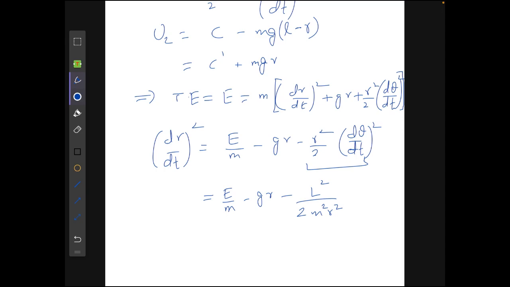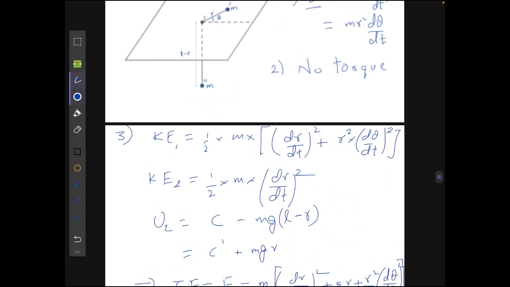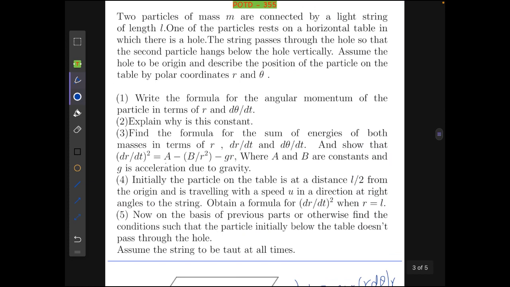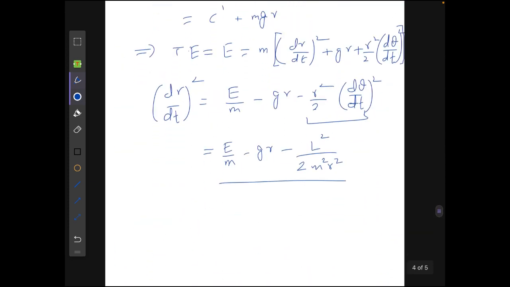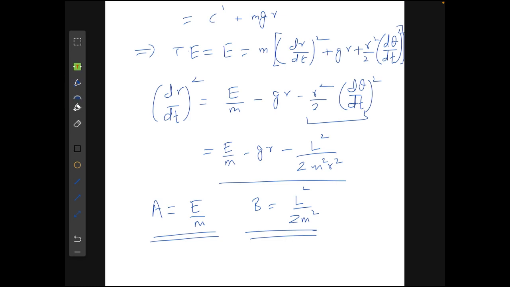So as the energy is constant and L is constant, this equation is finally what we wanted, and the constants a and b we get to be a equals E by m and b equals L squared by 2m squared. So this was for part 3.